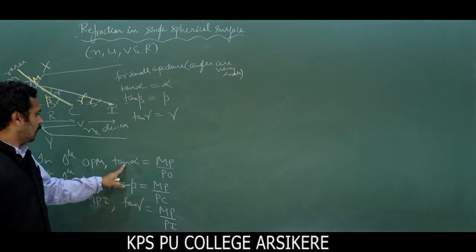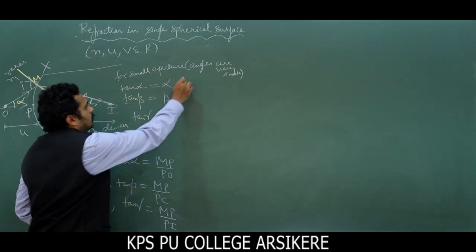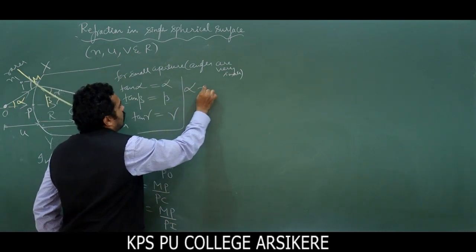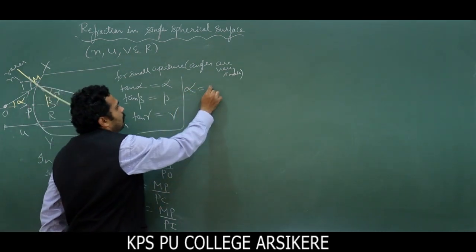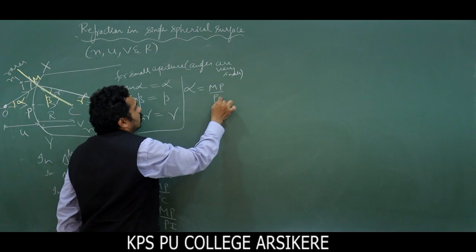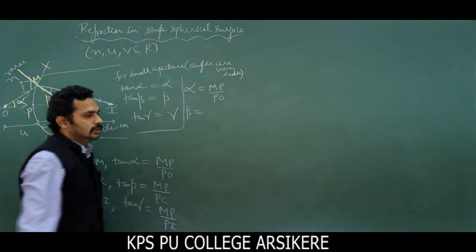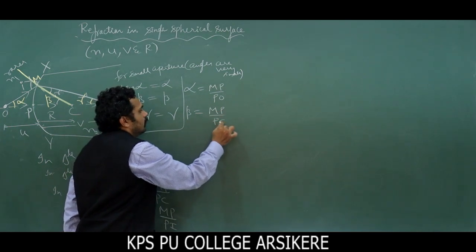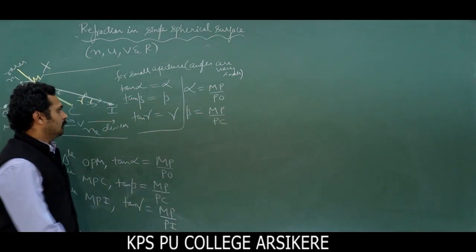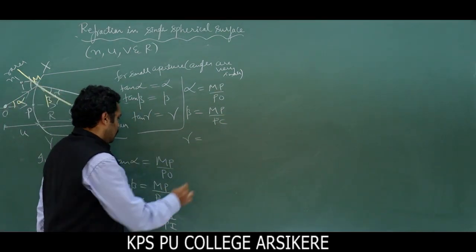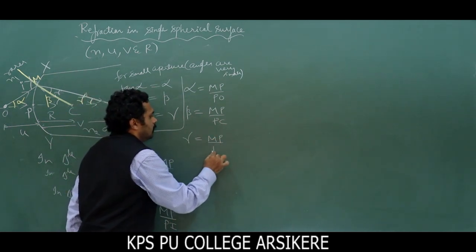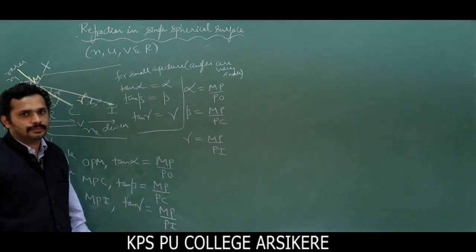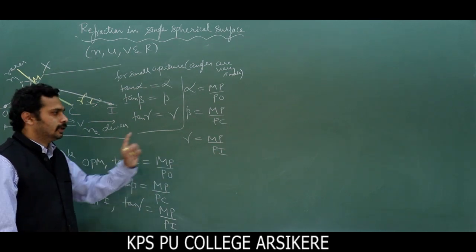So in place of tan alpha, I write alpha. Alpha is equal to MP by PO. Beta is equal to MP by PC. Gamma is equal to MP by PI. Is it clear?